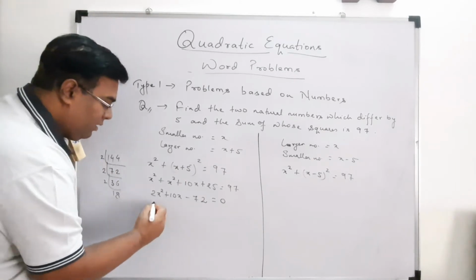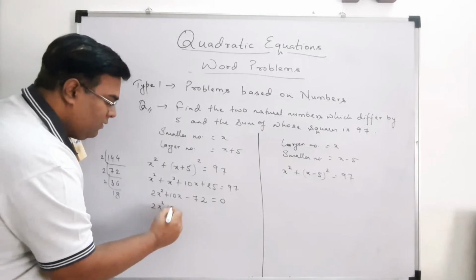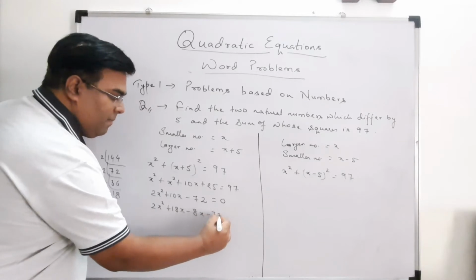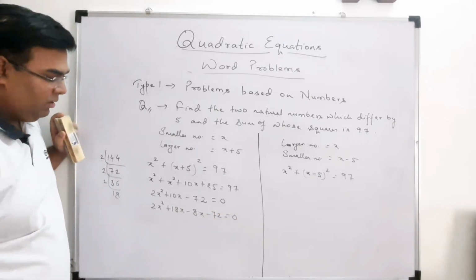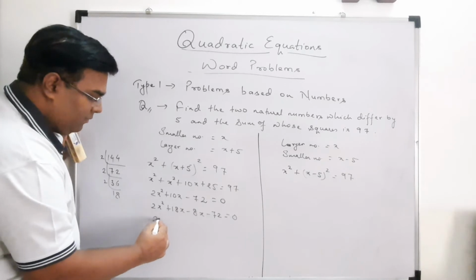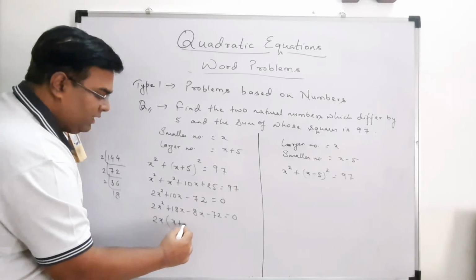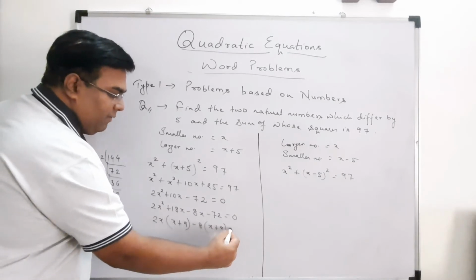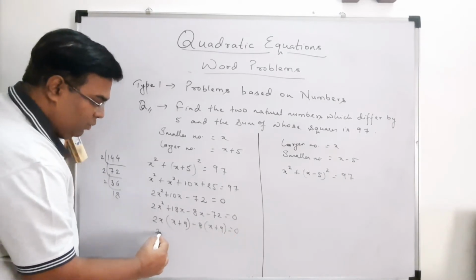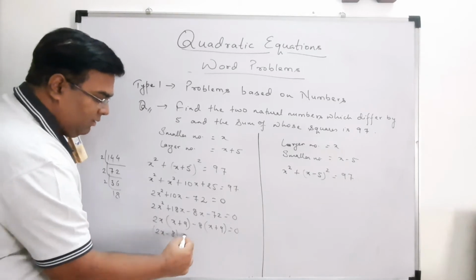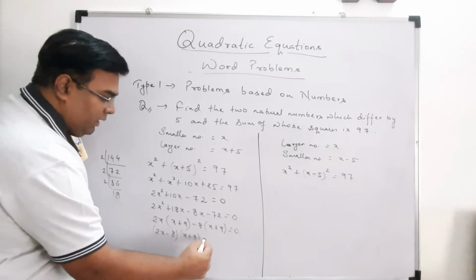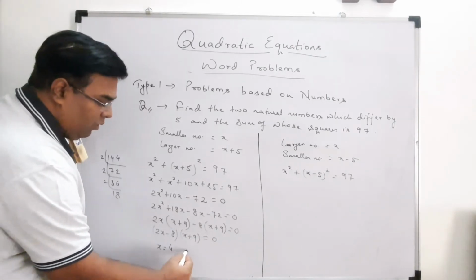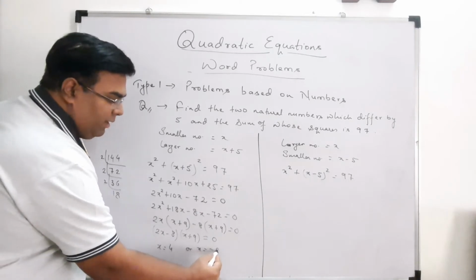So it is 2x square plus 13x minus 8x minus 72 is equal to 0. From here, if you take 2x common, it is x plus 9, and minus 8 common, x plus 9. So it will be 2x minus 8 and x plus 9. Now from here we get x is equal to 4 or x is equal to minus 9.